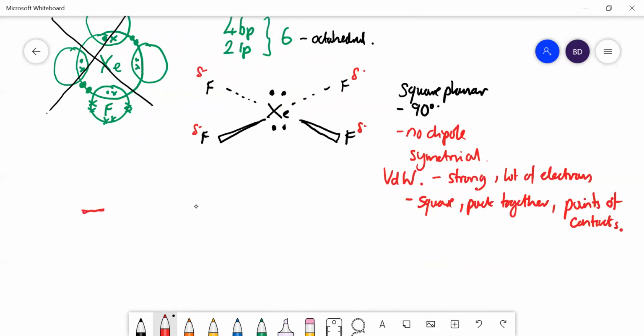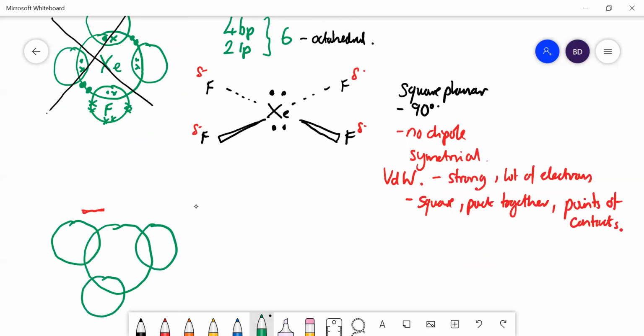Okay, so I'll draw a dot cross diagram again. Right, so we've got 3 bonds. Okay, now phosphorus is in group 5. So that means it's got 3 electrons of its own and it's got a lone pair. Okay, 3 electrons in the bond pairs and it's got a lone pair.